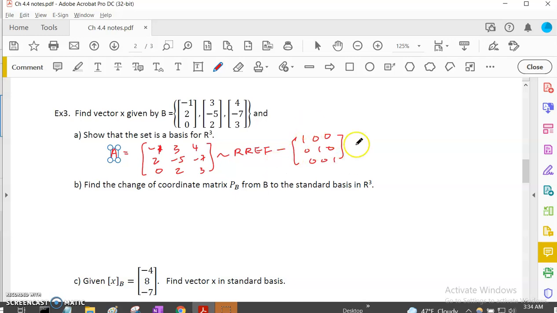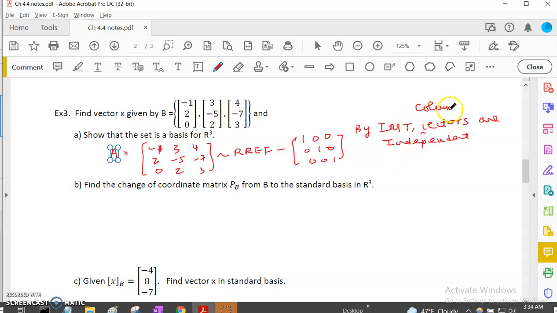So by the IMT, the column vectors are independent, which is a requirement for a basis.